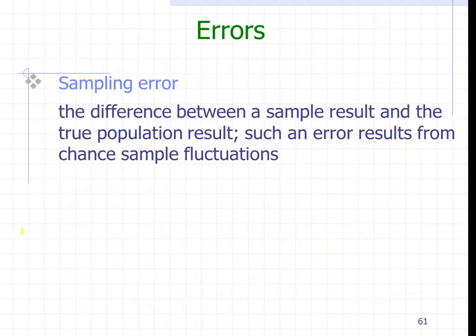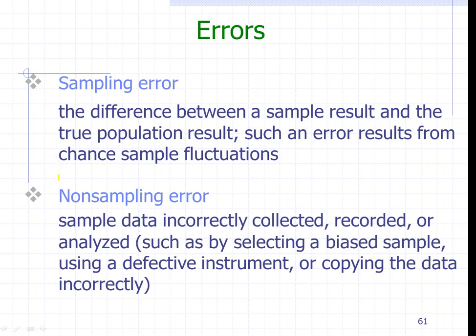We need to talk about errors. We have a sampling error simply because of chance fluctuations. We do what we can to avoid sampling error, and that's where simple random samples help us as much as we can. And then there's non-sampling error. So for instance, we talked about bias in the last lecture.